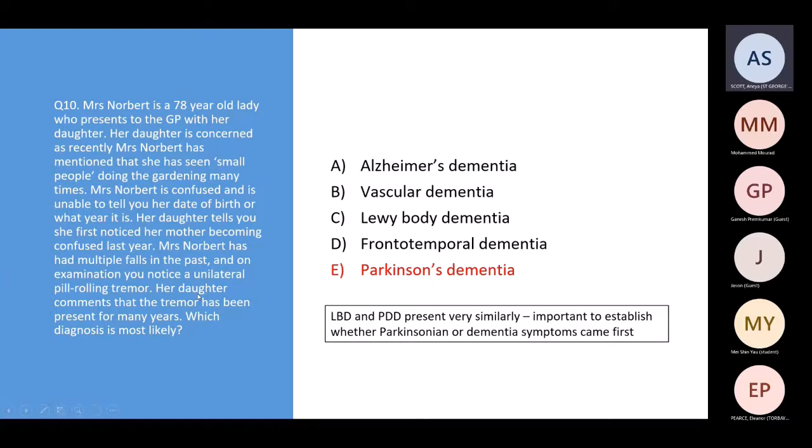In this case, the tremor has been present for many years, whereas the confusion and hallucinations, which is what I was going for with the small people, a lot of the time in Lewy body dementia or Parkinson's dementia, they have visual hallucinations, often of animals or of people.